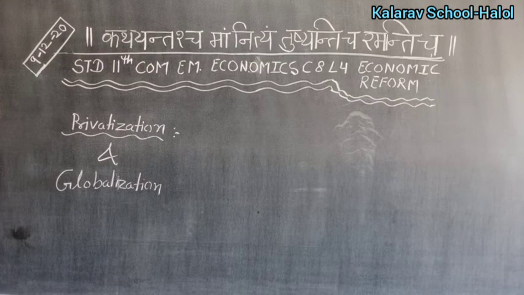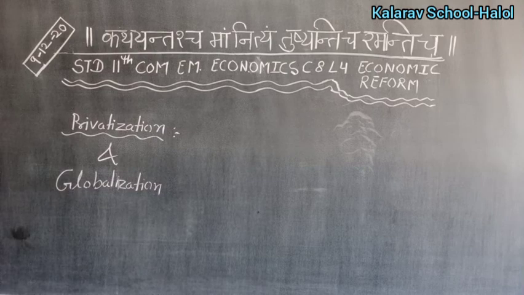And the next topic is globalization. The meaning of globalization is to invite foreign capital into India to start business, and it is in two ways. One is in the form of direct investment, that is called FDI, foreign direct investment. Let me give you one example.